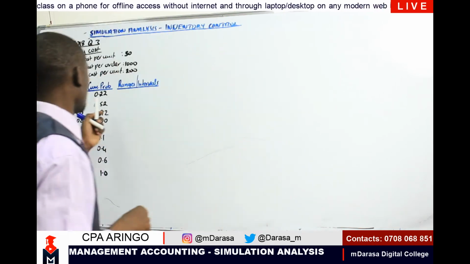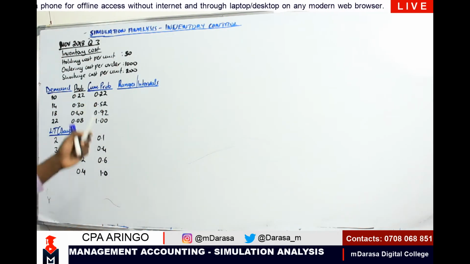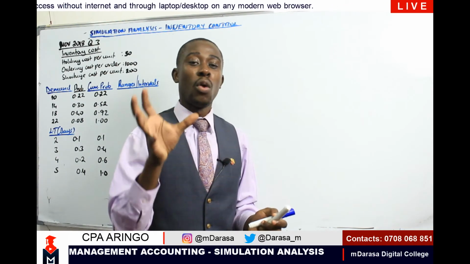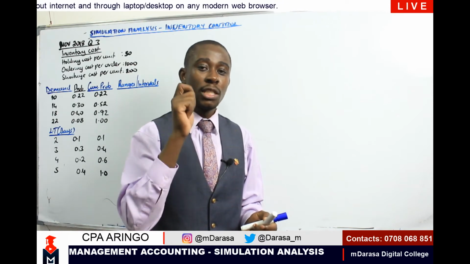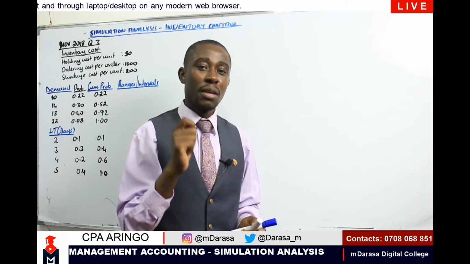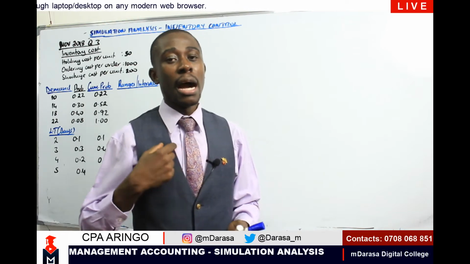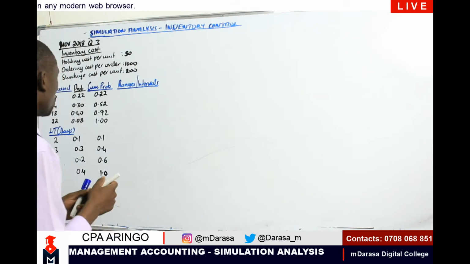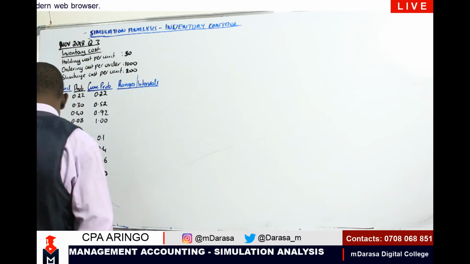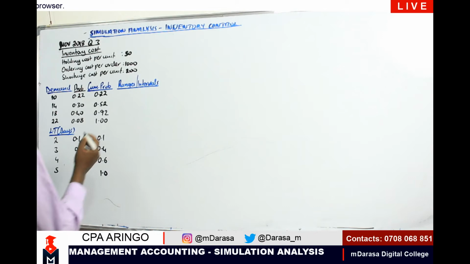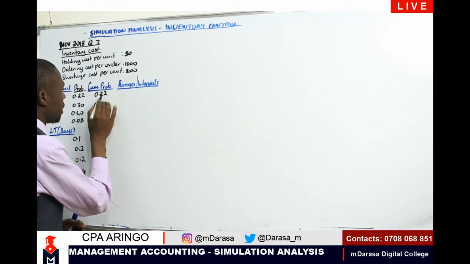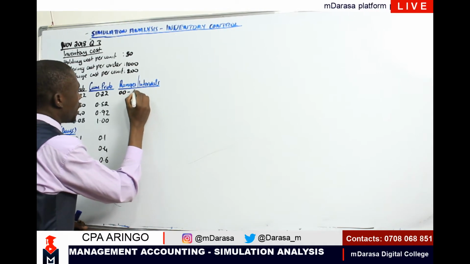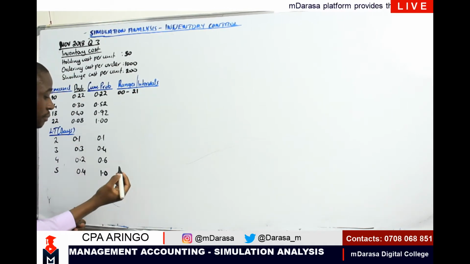Like the first case, in demand, I'm given 2 decimal places for our probability. Therefore, our range must also be in 2 digits. If I'm given 1 decimal place, our range should be 1 digit. So in this case, we start with 00 as the lower limit; for the upper limit of 22, I'm having 21.